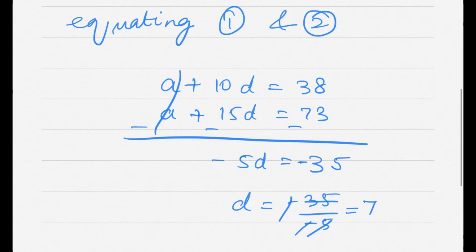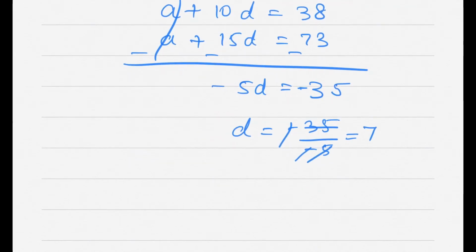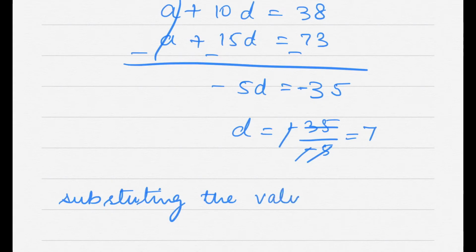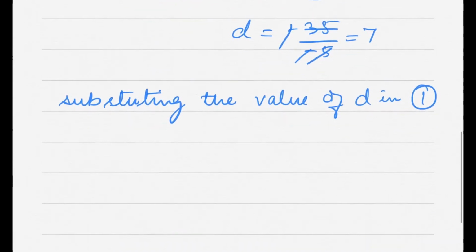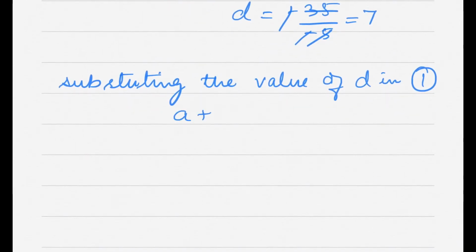That's fine. Now I have got my d, so now I'll substitute the value of d in the first equation. My first equation is a plus 10d is equal to 38.